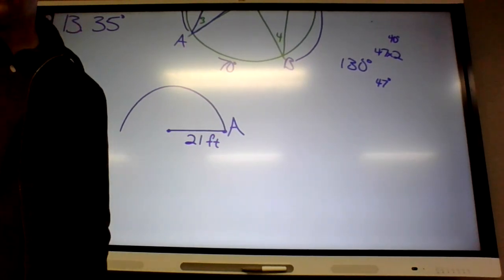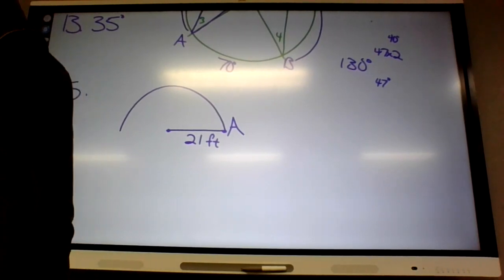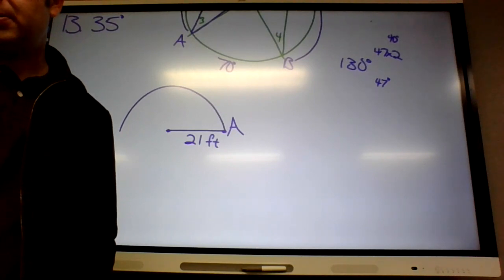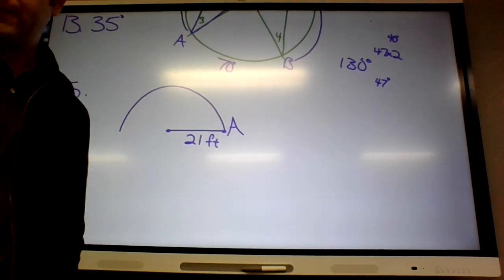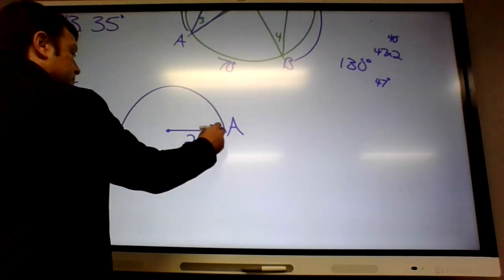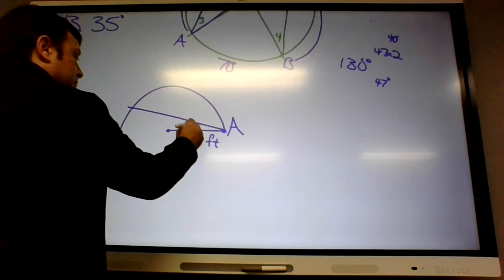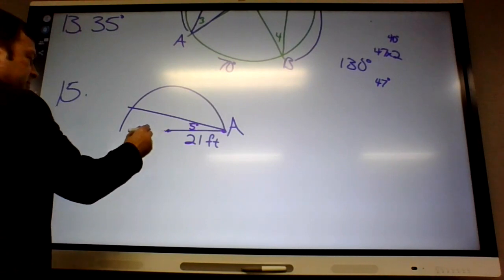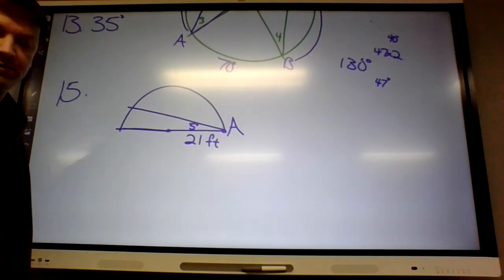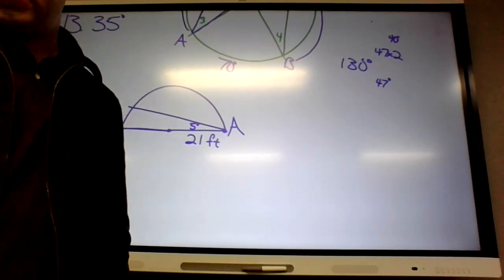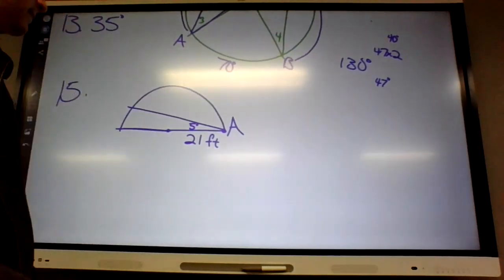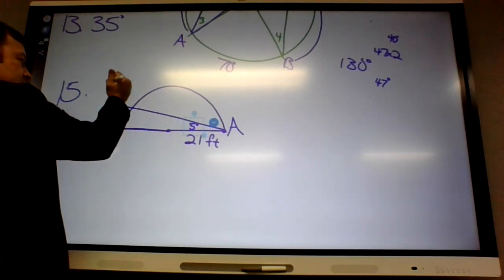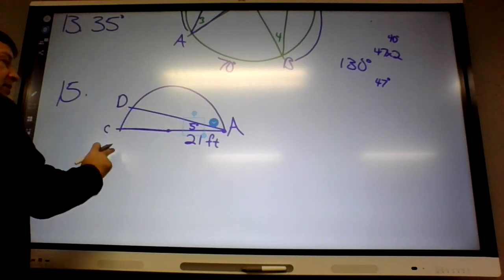Angle A is 5 degrees. I'm not sure if this is a diameter or not. I'm not sure what they're trying to draw there. So arc CD. All right. Well, doesn't really matter.